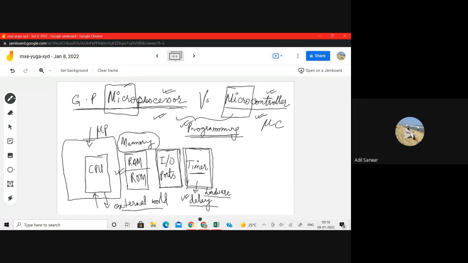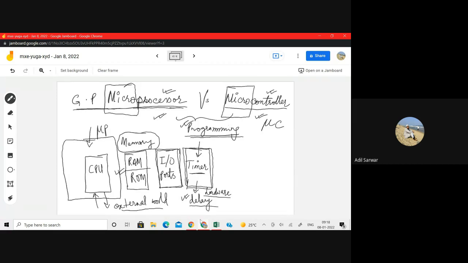Definitely, in most control applications, we want to give a signal to the external world, or take a signal from the external world, after certain intervals of time. That interval is generated with the help of this timer. It will be clearer when I discuss all of them in detail. Right now, I'm just talking about the structure.